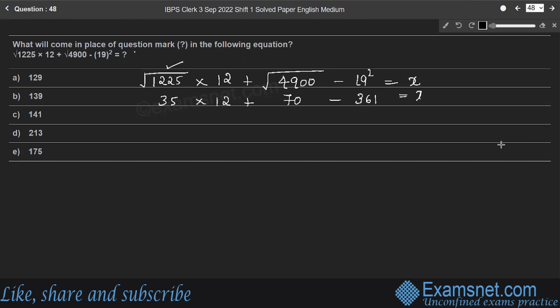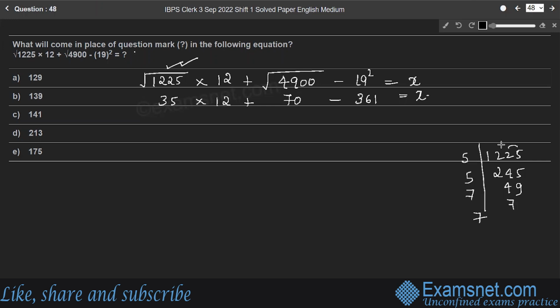equal to x. So you can find the root by factorization method for 1225. Here it is divisible by 5. So 5 into 245 is 1225, where 5 into 49 is 245, and 49 is 7 into 7.